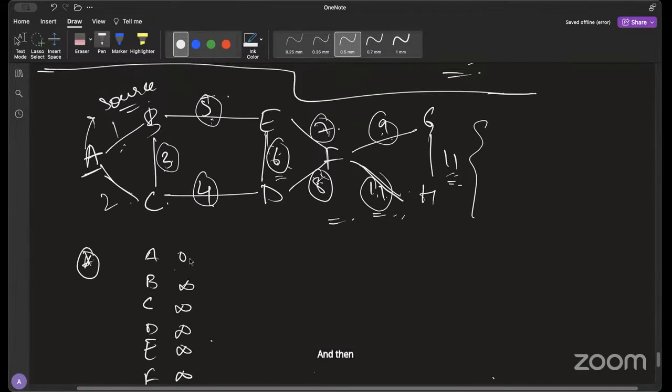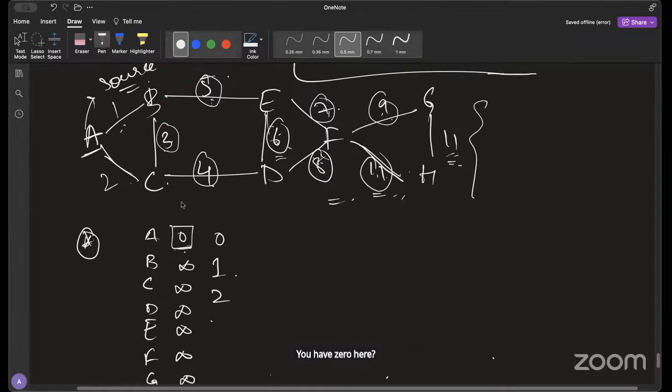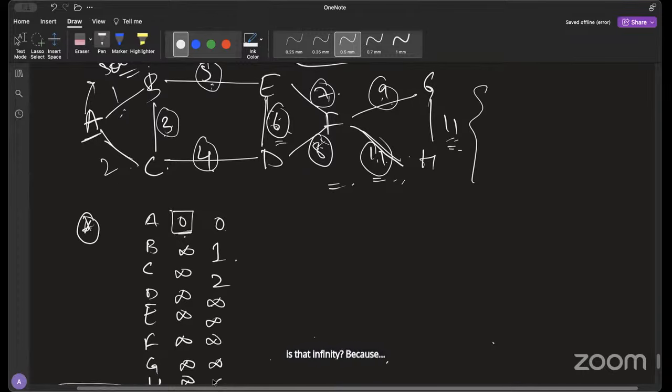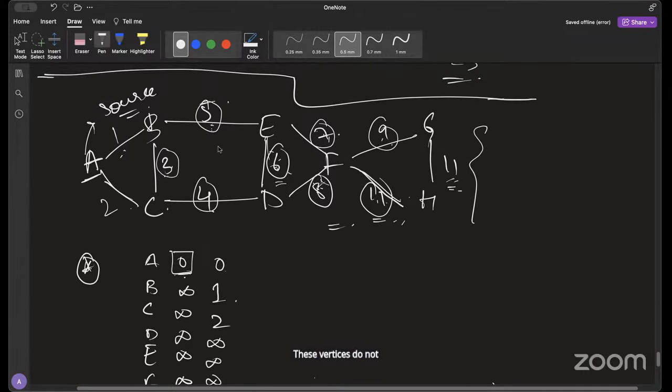This is 0, this one is fixed, right? Minimum distance of A from A itself is 0. So this is fixed, and then you have 0 here, 1 here, 2 here, and everything else is at infinity because these vertices do not have a direct edge with A. So we have infinity here.